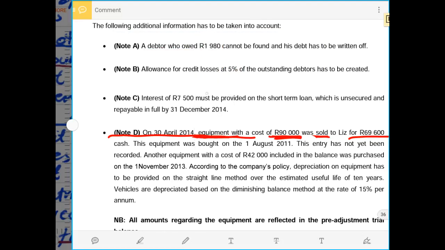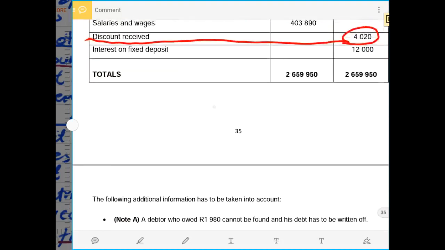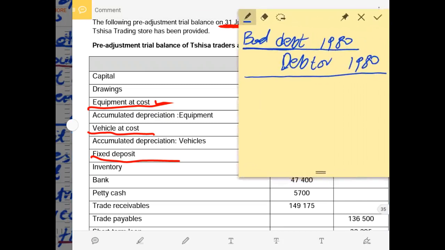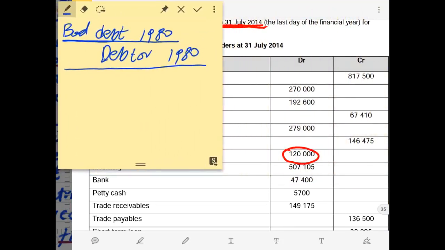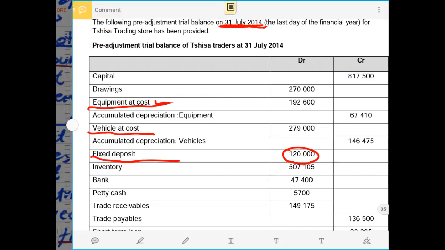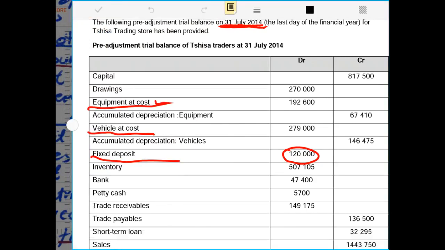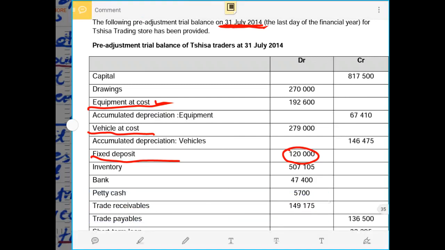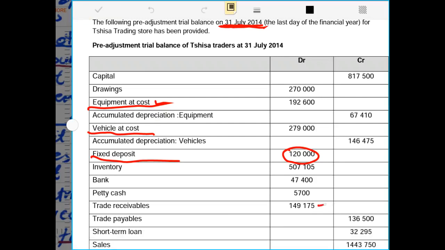accounting period. So now we need to go and check the amount of our trade and other receivables that sit in the trial balance. In our trial balance, we have an amount of trade receivables being 149,175. Now we have to subtract the 1,980.